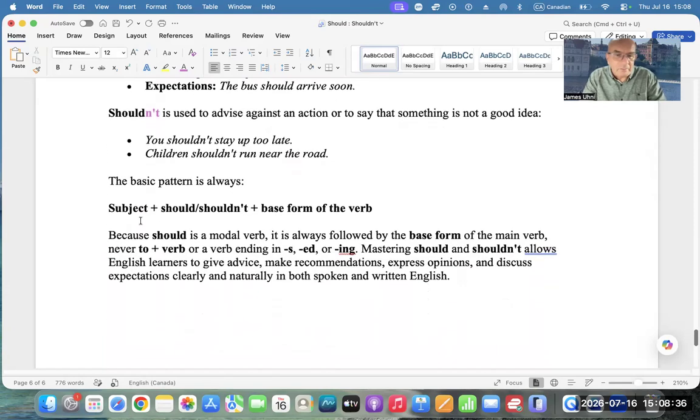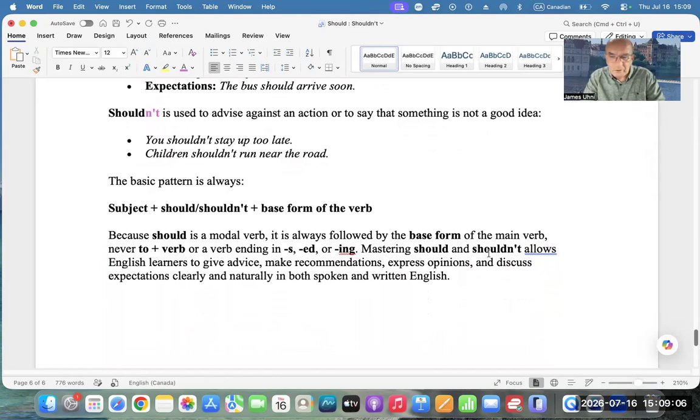The basic pattern is always subject plus should or shouldn't plus base form of the verb. Because should is a modal verb, it is always followed by the base form of the main verb. Never to plus verb or a verb ending in s or ed or ing.